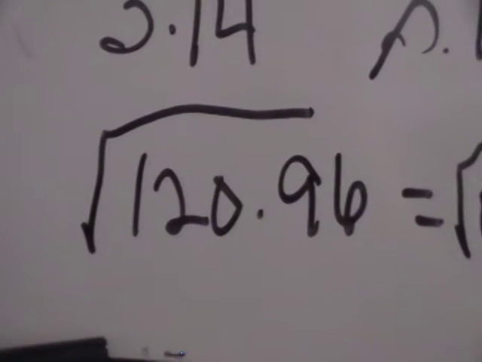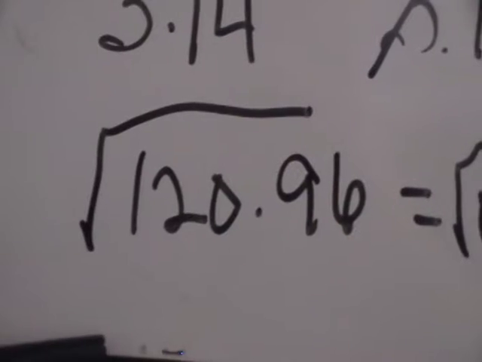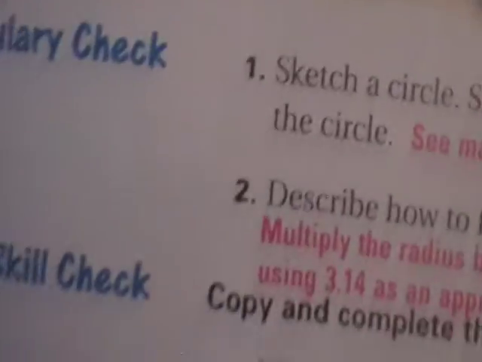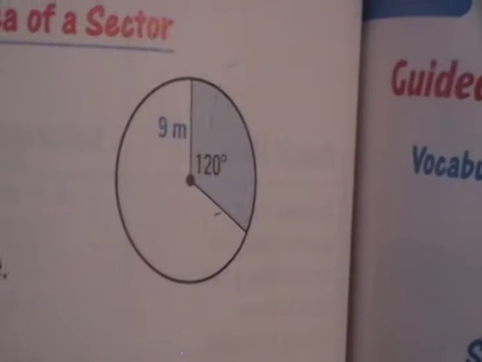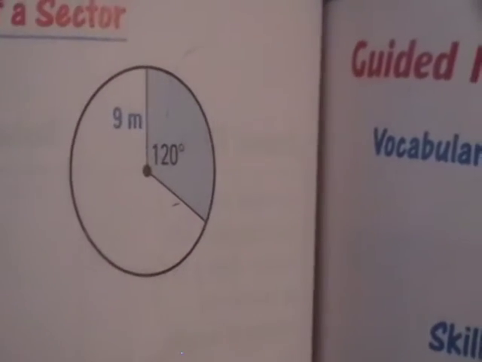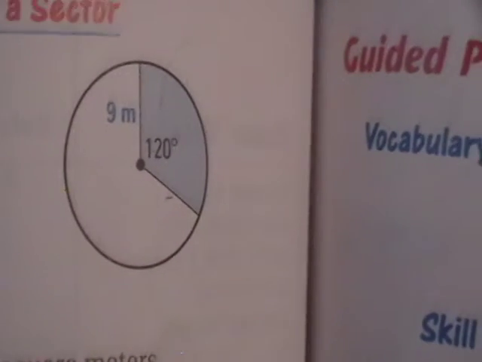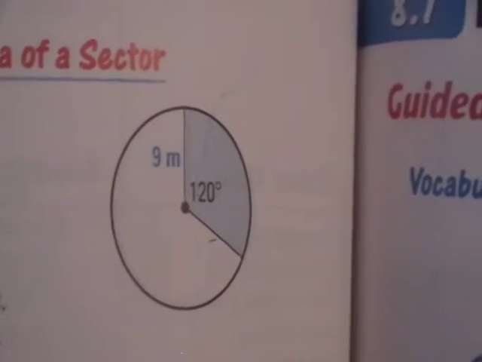The final piece that we need to look at is example number 4, and this is how to find the area of a partial piece of the circle. So if you will take a look, this is on page 454. It shows an angle measurement of 120 degrees, a radius of 9 centimeters, and we need to take that and find some information in the circle.